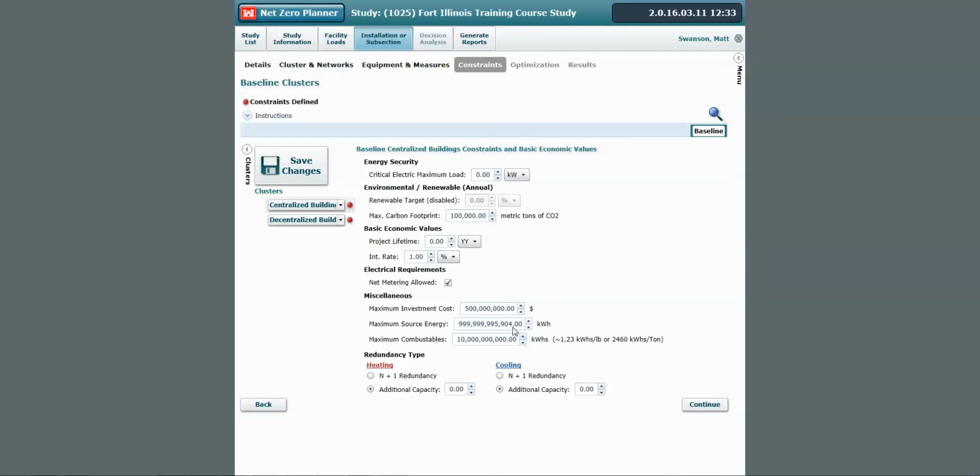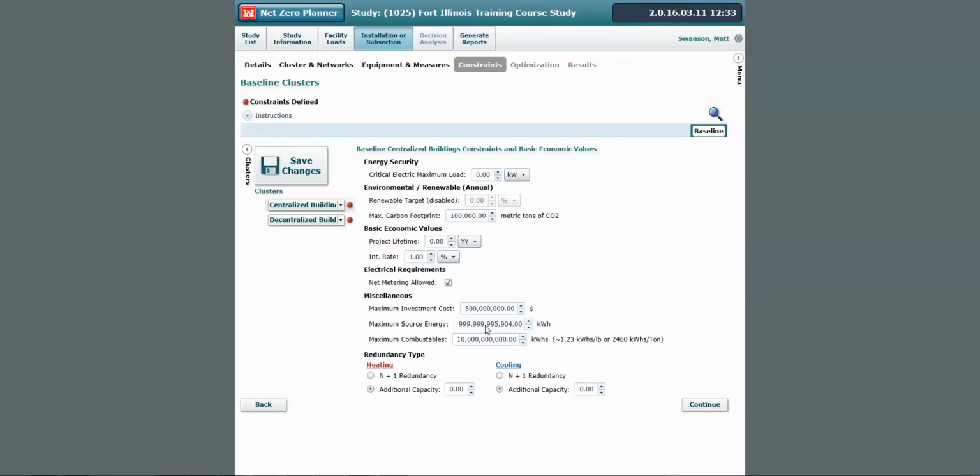You can adjust this. What we commonly do is we'll get through the base case. We'll have the future solution, the base case being the future case. We can compare that to our alternatives, and we might take the source energy numbers from the base case and decrease those by some set amount, maybe decrease them by 30%.